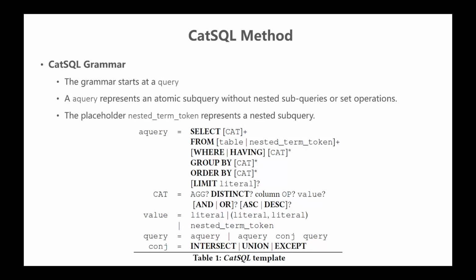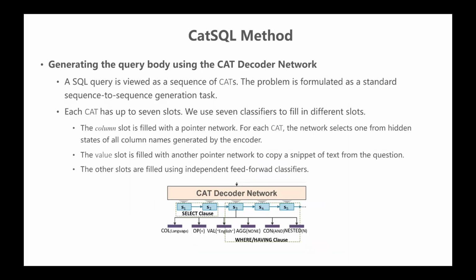The A query here represents an atomic subquery without nested blocks and set operations. We use a placeholder, nested term token, for each nested subquery. The CAT decoder consists of multiple transformer decoder layers and generates a sequence of CATs. For each CAT, we use 7 independent classifiers to fill in each slot.